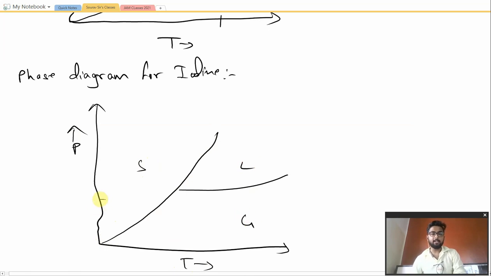At 1 atmosphere, the triple point for the solid, liquid, gas junction is not crossed. So at 1 atmosphere, if we increase temperature from the solid state, we go directly to the gaseous state. This is the sublimation point. If we cross this temperature, directly from solid the gaseous state will be formed. In order to melt the iodine, you have to increase the pressure and then heat the substance, so that the process of melting can also take place.